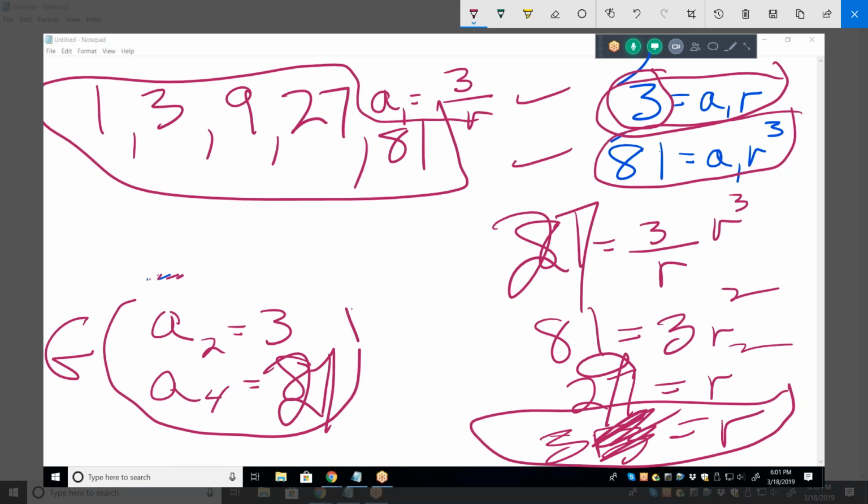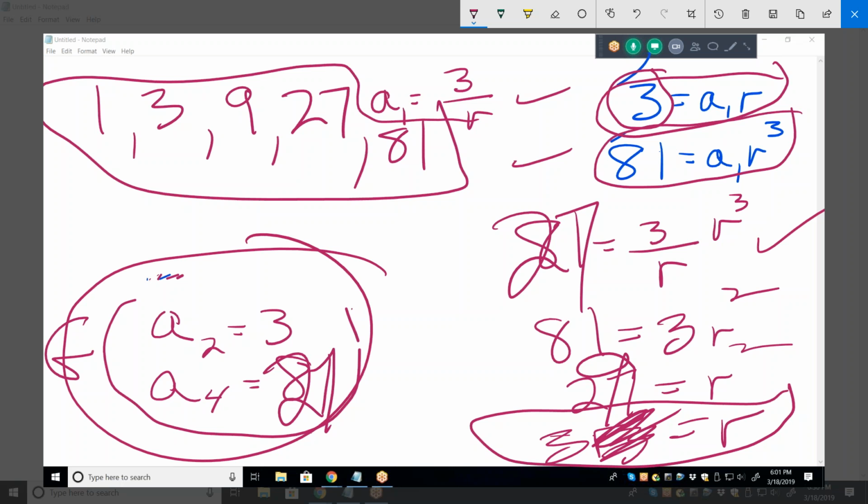Okay, that makes sense. But it kind of tells you two things. It tells you that when you solve a problem and you get an answer that doesn't match the problem, something's wrong. And what was wrong was my a sub 4. It wasn't 81, it was 27. This was the sequence I was thinking of. The sequence I actually gave you, it's interesting.